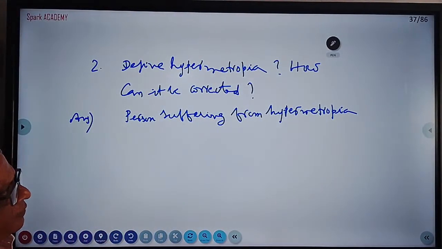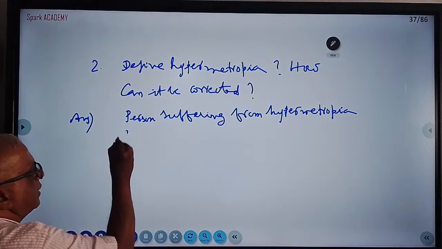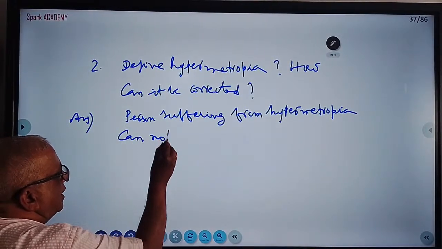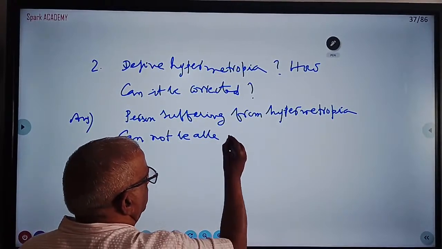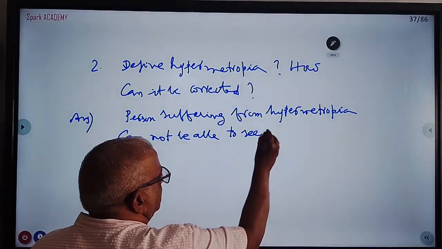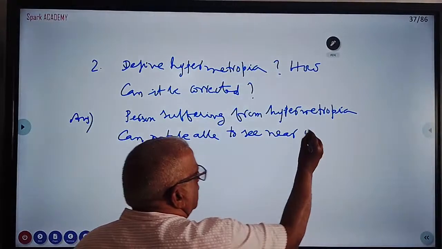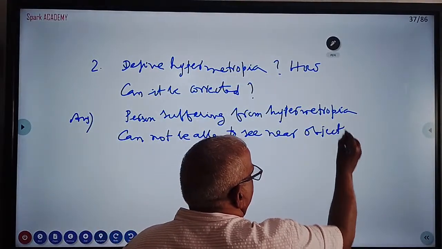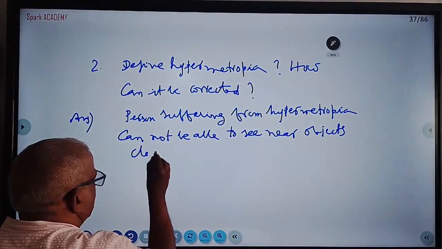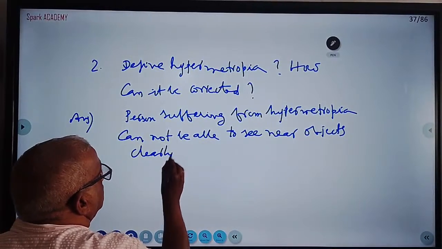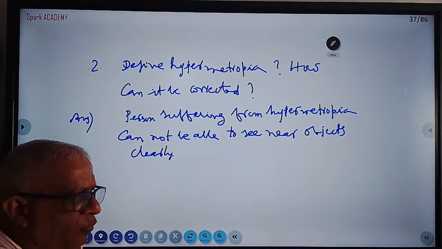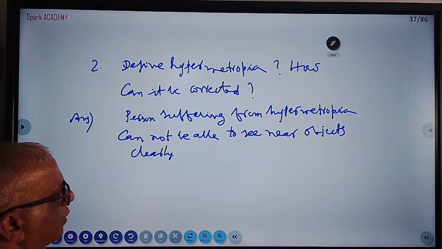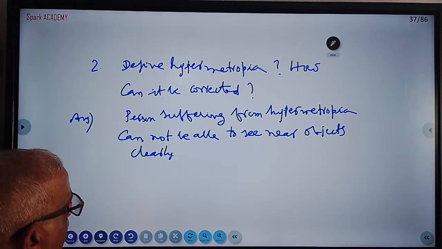A person suffering from hypermetropia cannot see near objects clearly with a normal eye. That means he is able to see far objects clearly, but cannot see near objects clearly.